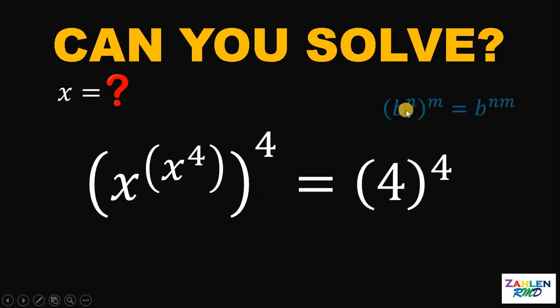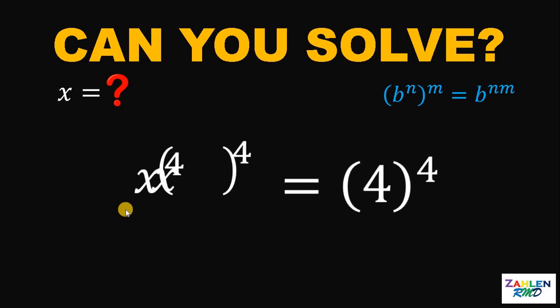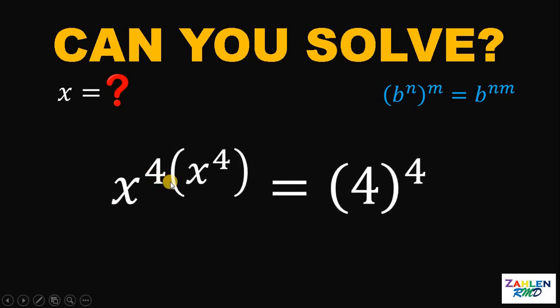Now, let's use this law of exponent. If we have b raised to n raised to the power of m, it is equivalent to b raised to n times m. Therefore, the left-hand side of our equation is equivalent to x raised to x times 4. And again, let's use this identity but in reverse.